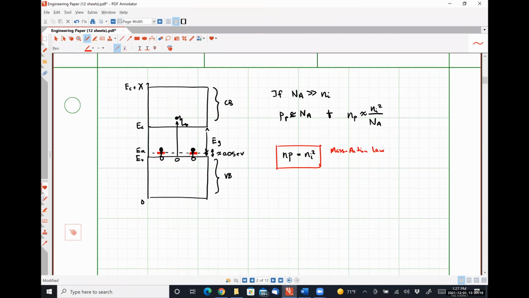This law is true for all semiconductor materials, regardless of whether they are intrinsic semiconductors or extrinsic semiconductors. Okay. All right.